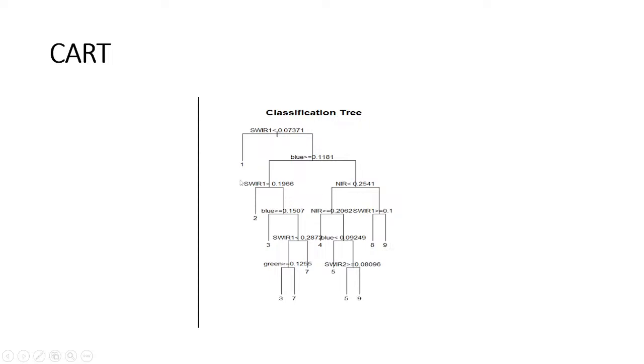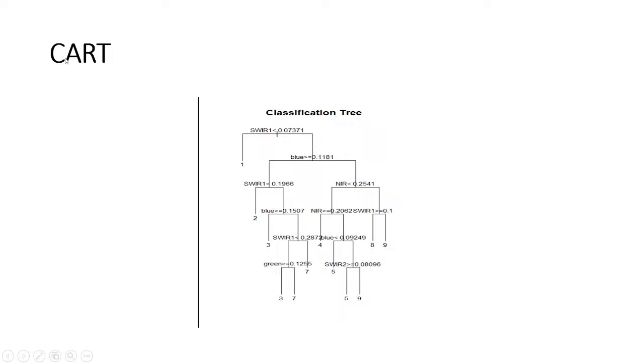Suppose you can see here, 1, 2, 3, 4, 5, 6, 7, 8, 9. So you can see, suppose this is one kind of class. Suppose one is water, two is built-up area, three is cropland, four is built-up area, and this type of cropland.